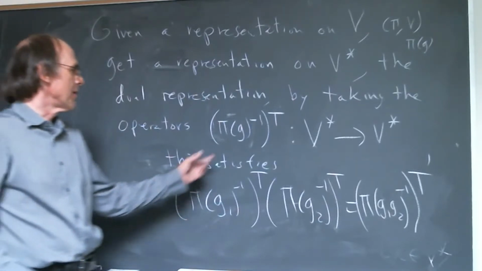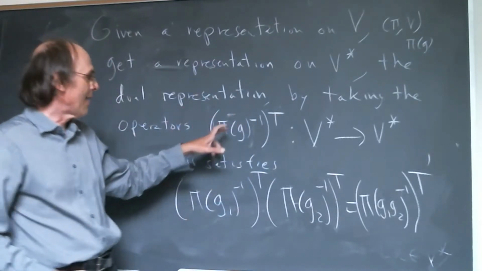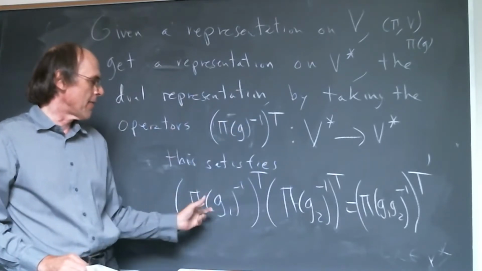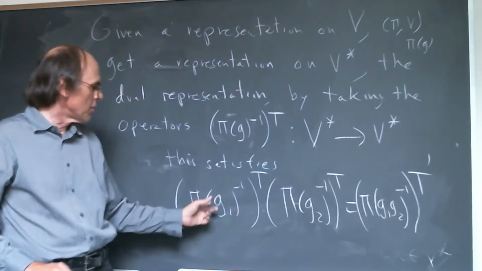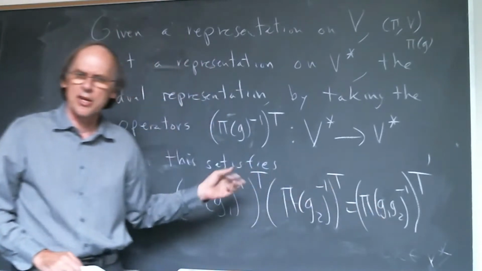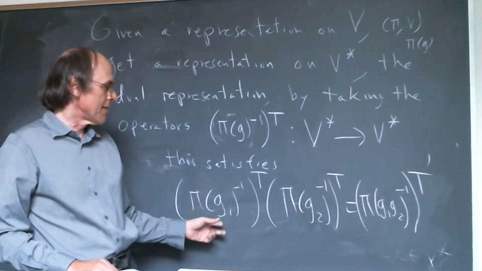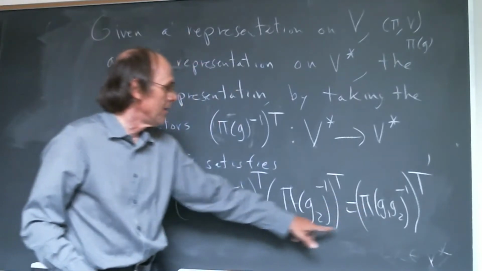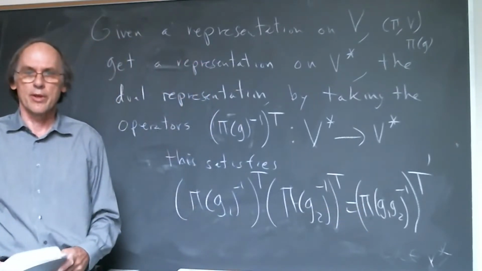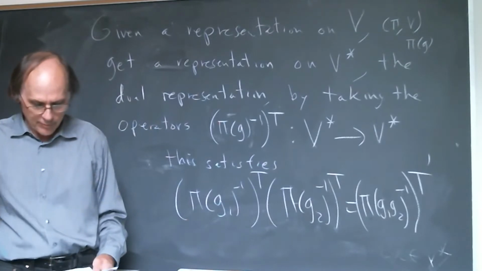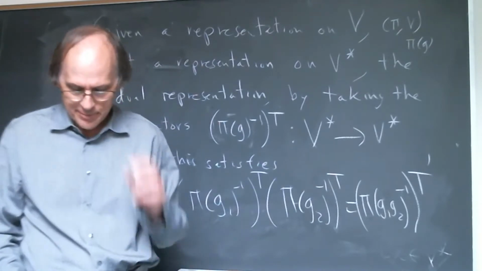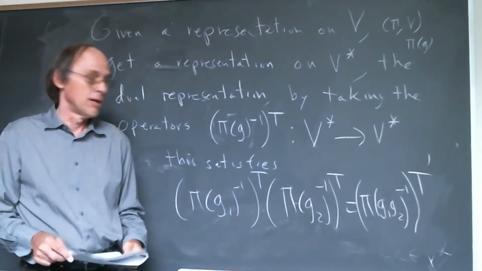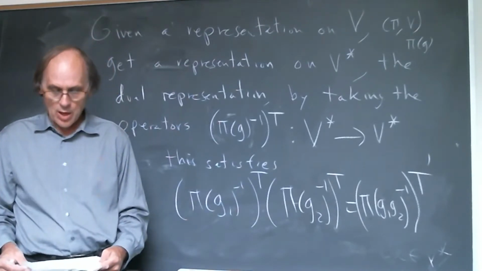So the kind of funny thing you have to do, where you have to take the inverse and you have to take the transpose, you can show if you play with this for a minute, and I think I do this in the notes, that if the pi's satisfy the homomorphism property, then this also has to be true. But this is just a little bit of abstract nonsense, which I wanted to say because we're going to have to use it at various points.